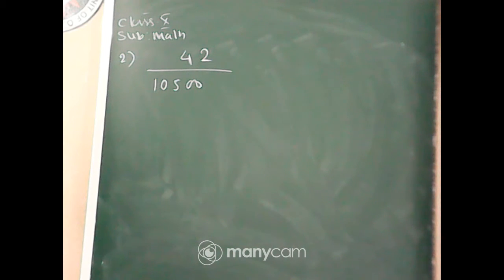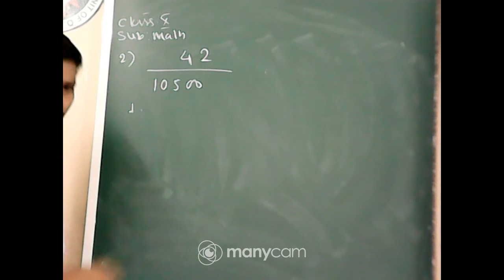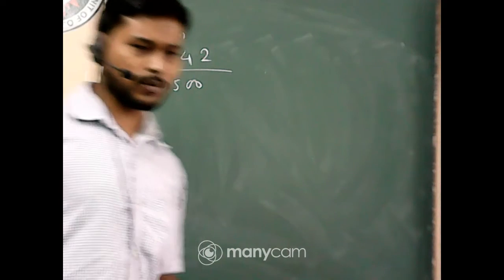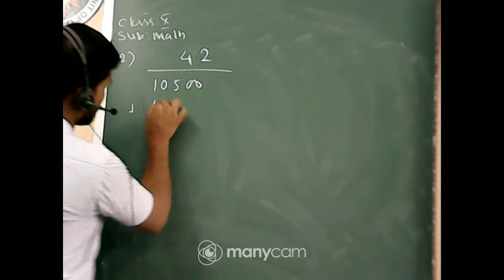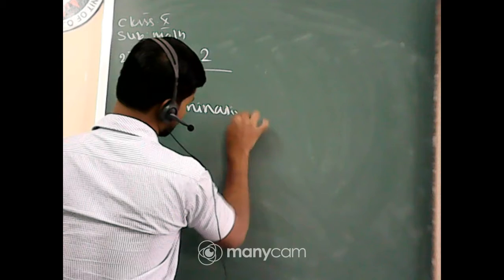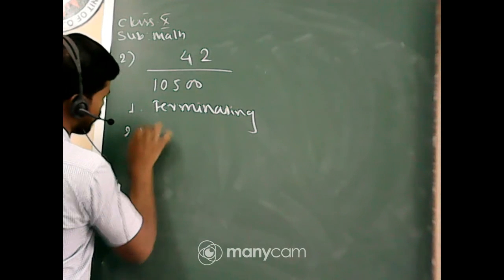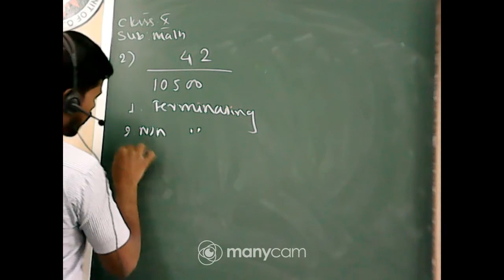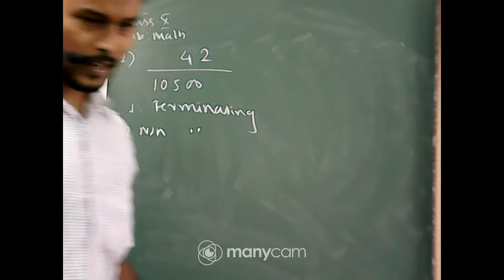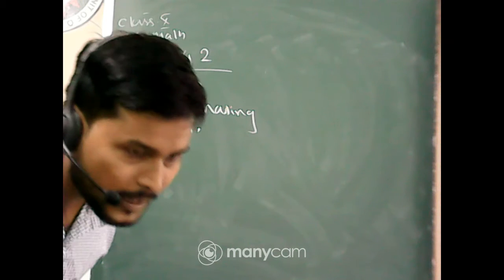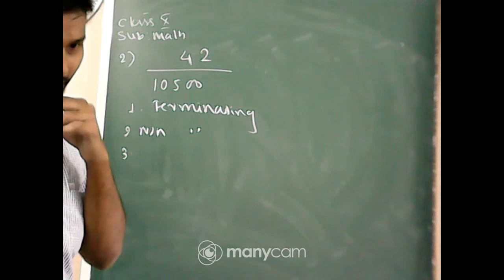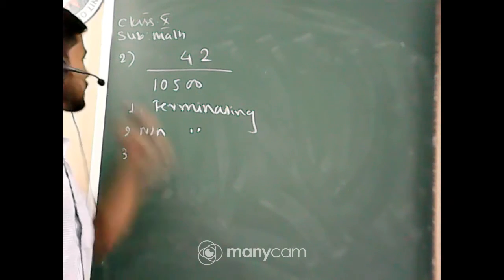So this number has terminating decimal representation, means options are same: option 1 is terminating, option 2 is non-terminating, option 3 is non-terminating and non-repeating. So what will be the answer? Option A. Yes, all of you are saying A. Yes, I also agree, the answer will be A.